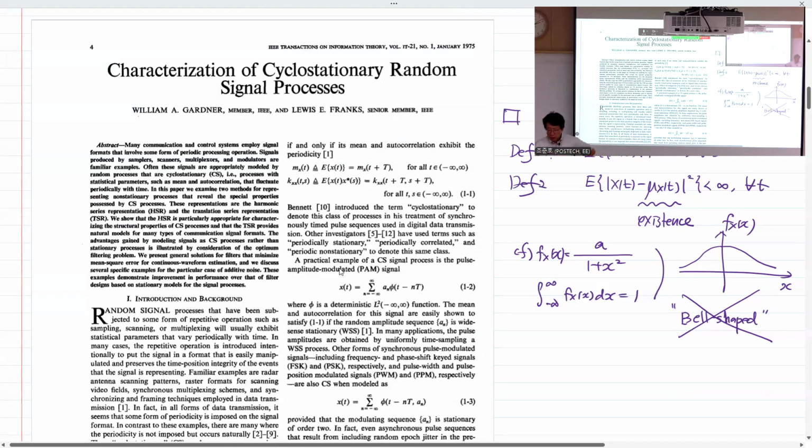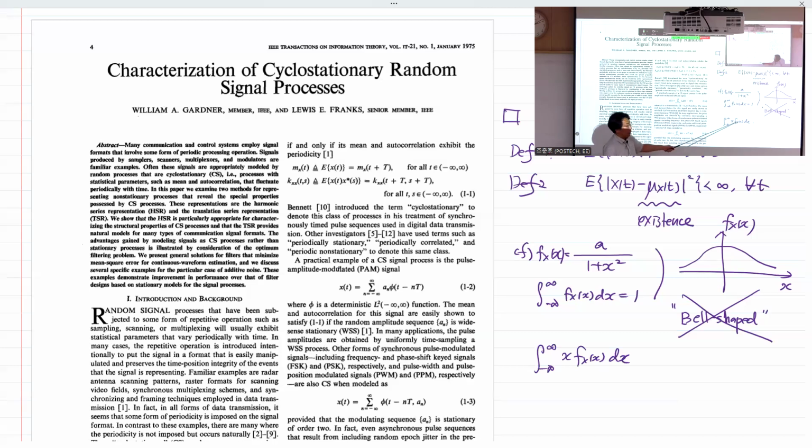Mean value is defined as what? In this case, the integration of the product x times the PDF of x. And you all know that if you plug this in here, after finding the proper value of a that makes this integral equal to 1, then you have a dilemma, something like this.